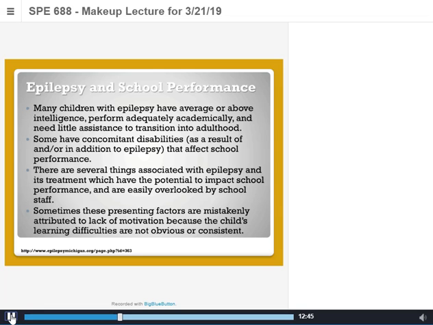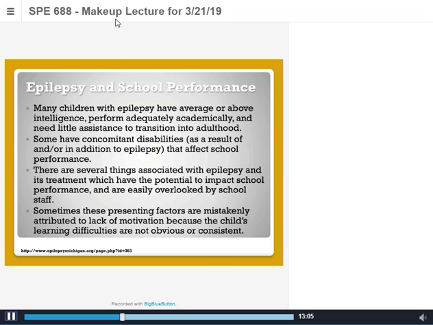Over time, the more seizure activity a child has, the more impact on cognition and on their brain. So the frequency of seizures can really start pushing the needle over into, yes, we are starting to see some academic impact.